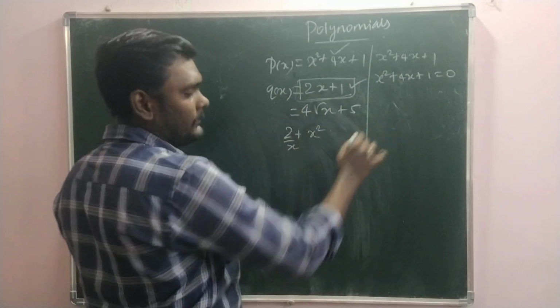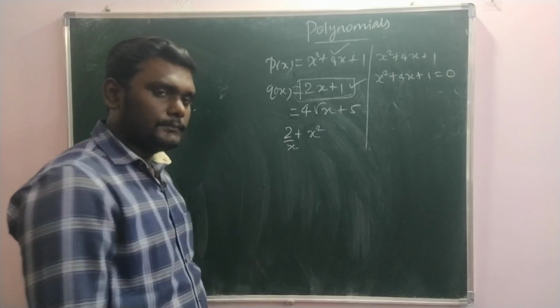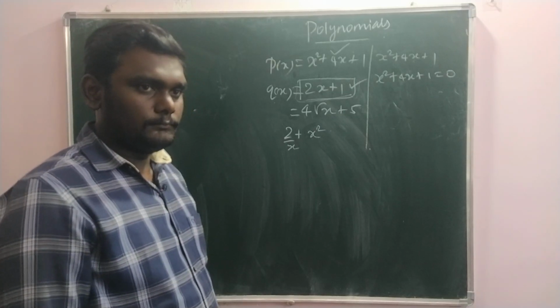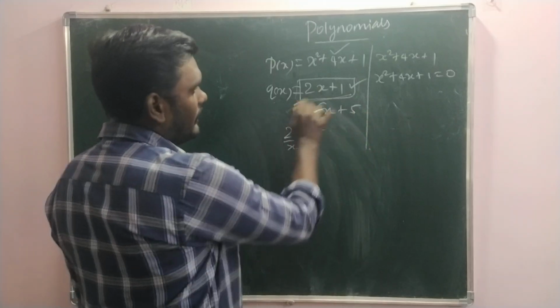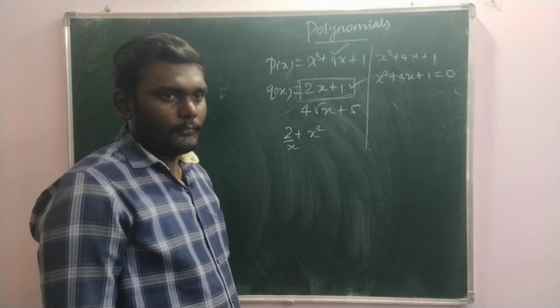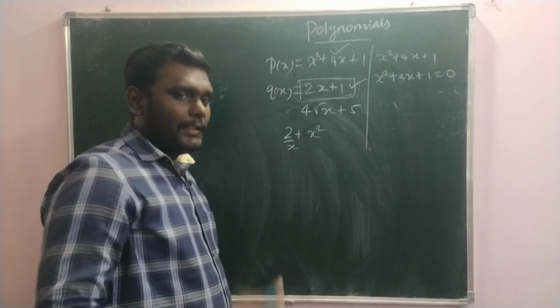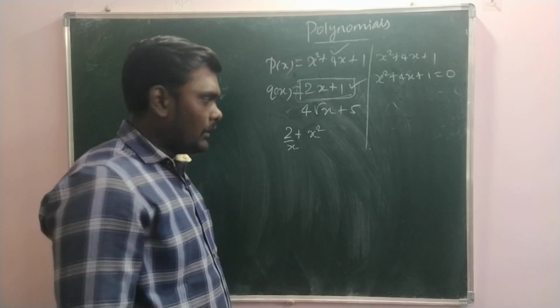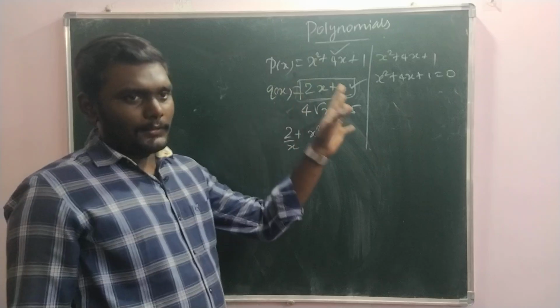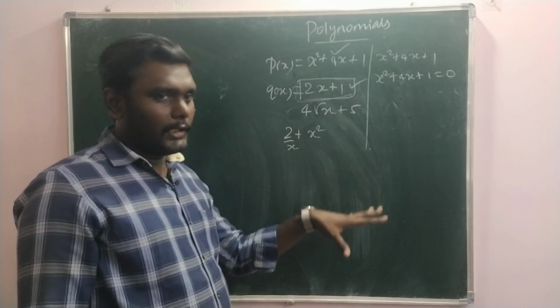Is this a polynomial? No, it is not a polynomial. Then how do we call this actually? It is a multinomial like we call it. Okay. Got it? So, all these algebraic expressions, we call it as a multinomial.